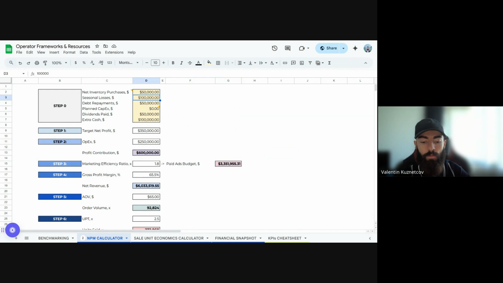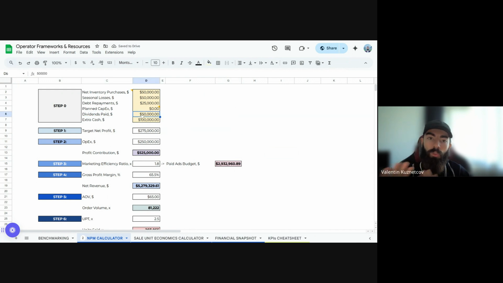Maybe we should restructure our organization, shift people to part-time instead of full-time, right? During that low time period. And let's say we go down to $50,000 in seasonal losses, okay? Debt repayments, maybe we have a conversation with our Shopify Capital, ask them if we can push our repayments just a little, right? To minimize that cash outflow. Let's say they cut it down to 25,000. Let's say dividends, right?